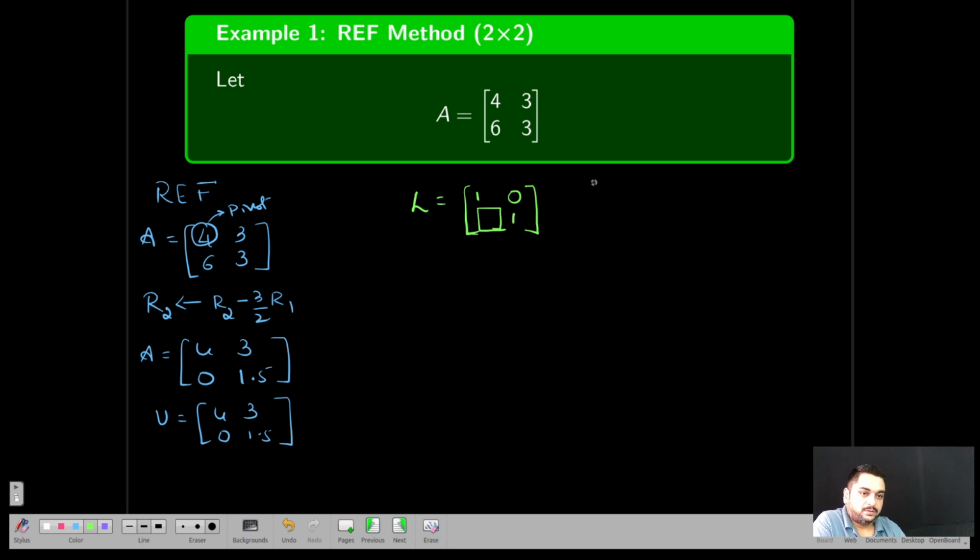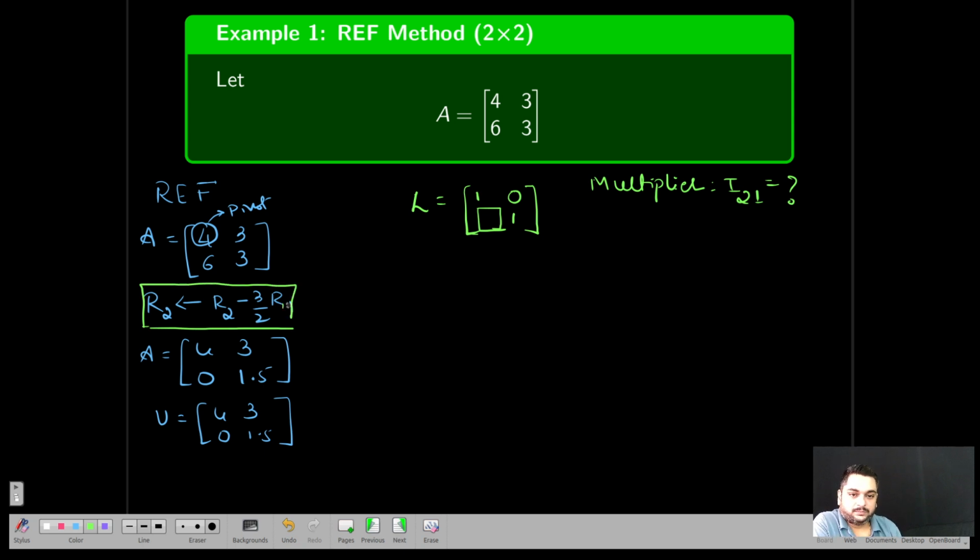You have to find it. For that we have a concept called the multiplier. So what is this entry here, second row, first column? This is what I have to find. What is the concept of the multiplier? It is very simple. Whenever you convert to row echelon form, this part becomes important.